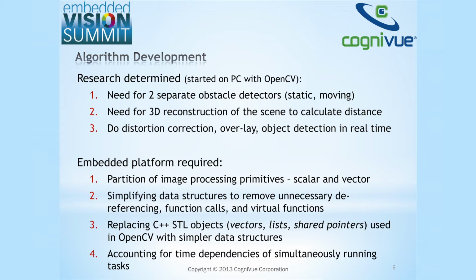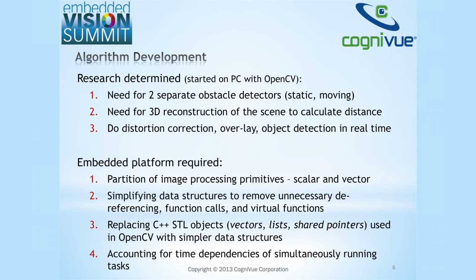And the embedded platform required, of course, because it's resource constrained and everything else, you have partitioning of the image processing primitives between whether they map better to a scalar processor in the chip or map better to a vector engine. So looking at that, of course, really greatly simplifying the data structures. And in our case, we started, like a lot of people, from OpenCV.